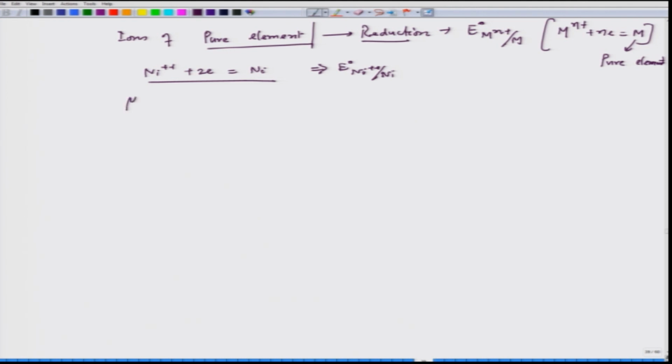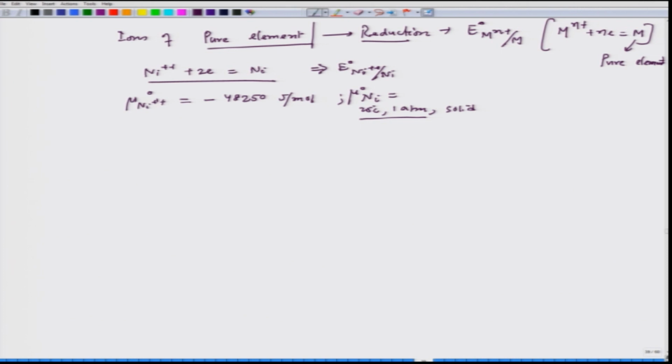Now, mu0 of Ni plus plus has a value of minus 48250 joule per mole, whereas mu0 at standard state, that means 25 degrees Celsius, 1 atmosphere and solid, as we have said that in case of solid, if it is pure and the stable state at these particular conditions, we have to consider, for example, oxygen at this temperature and 1 atmosphere is a gas.